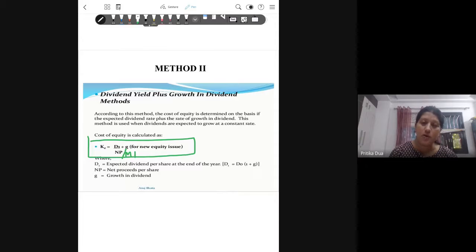This model can also be used to calculate the current price of the share. Just by moving the values, I can get P0, because this equation for existing shares can be rewritten accordingly.